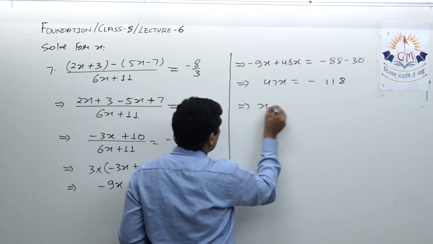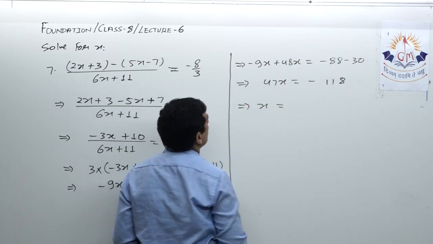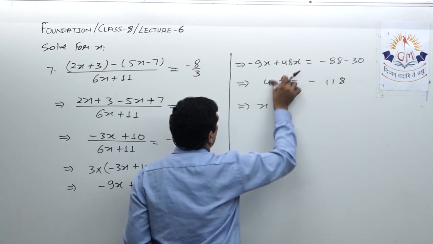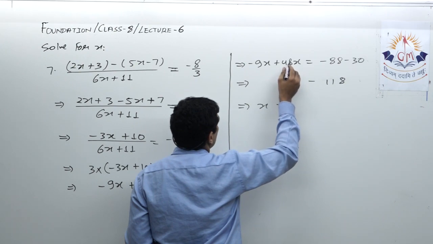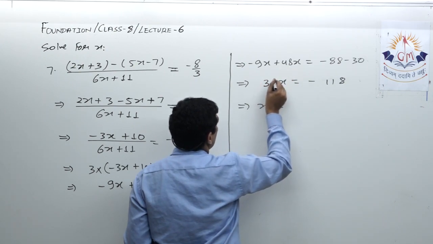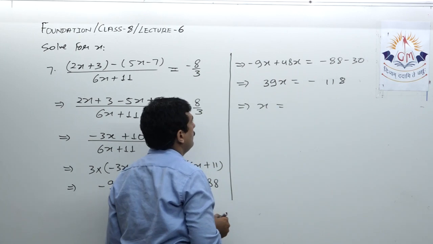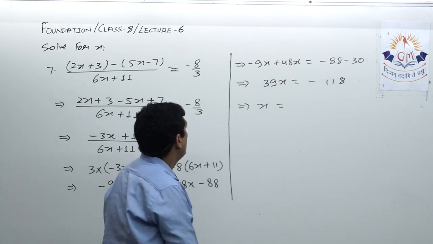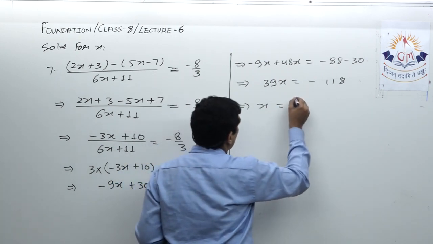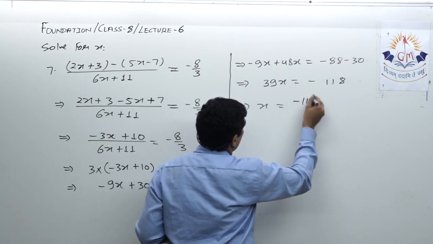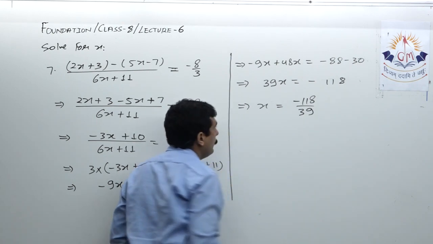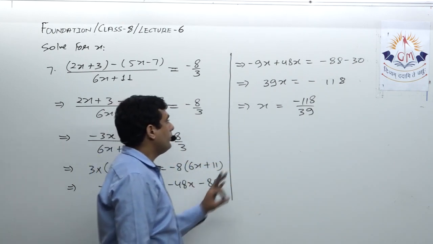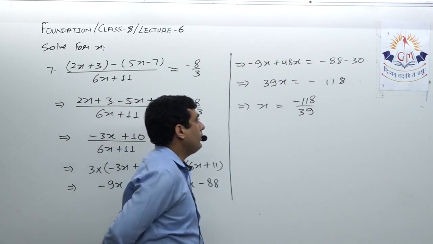So x is equal to, here not 48, 39, okay, x is equal to minus 118 upon 39. Now check whether it is possible to divide these two by a common number or not.